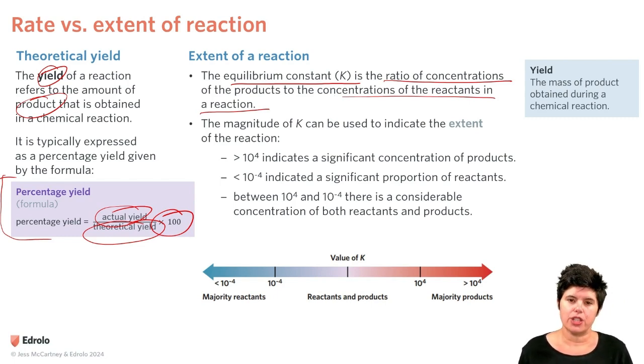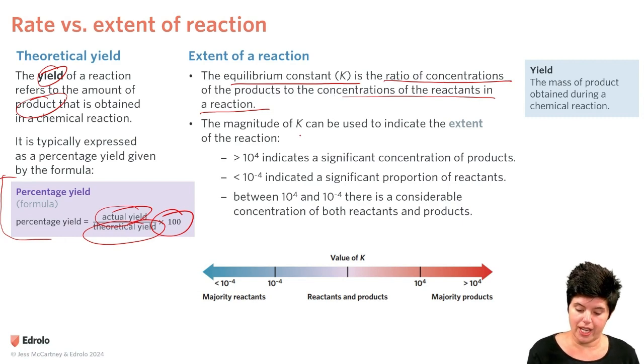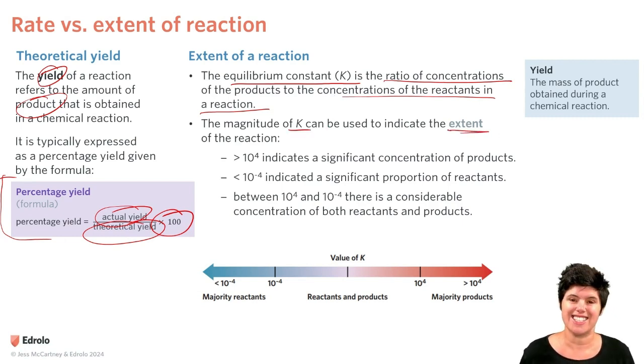We can tell how much the equation has moved to the products compared to the reactants and vice versa based on how big the K value, the equilibrium constant, is. So when we are looking at the K, that's actually looking at the extent, so how much it has been pushed to the right or kept to the left.